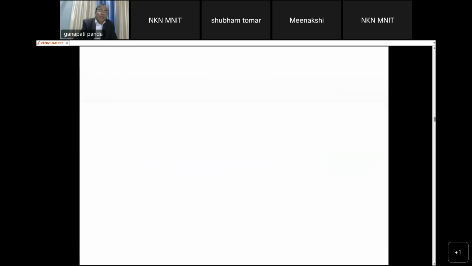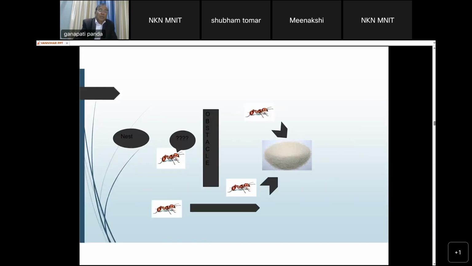Ant colony, I told you: the birds move, the cats are moving, the ants are moving in different positions. And when there is a hindrance or obstacle, this one returns, this fellow finds another path, somebody goes in a roundabout path.